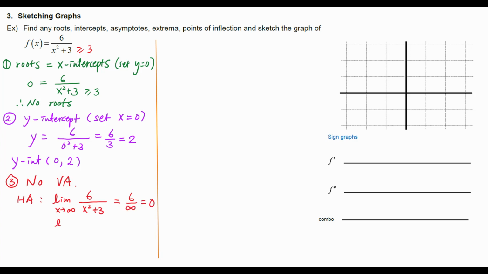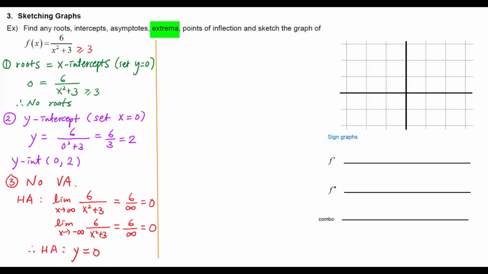And if you send the limit as x approaches negative infinity of 6 over quantity x squared plus 3, you still get 6 over infinity since negative infinity squared will be positive infinity. I still get 0. So you have one horizontal asymptote, y equals 0.